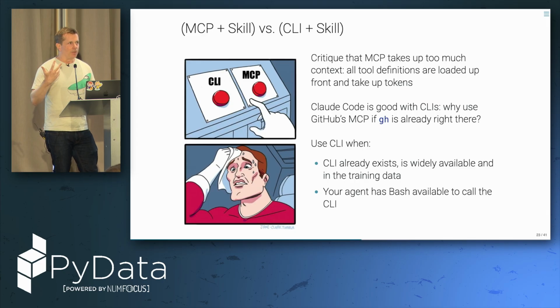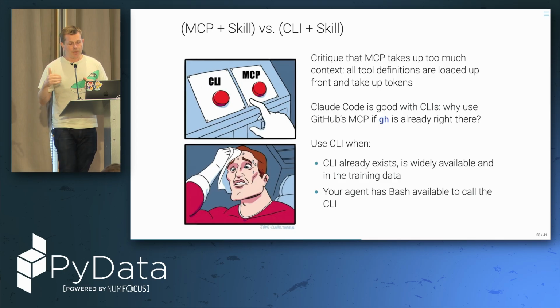One particular example with command line utilities that was called out in these criticisms was the GitHub command line, the gh tool. GitHub has an MCP server that has many dozens, probably hundreds of tools. And if you were to take the whole GitHub MCP server, that's a lot of tools.